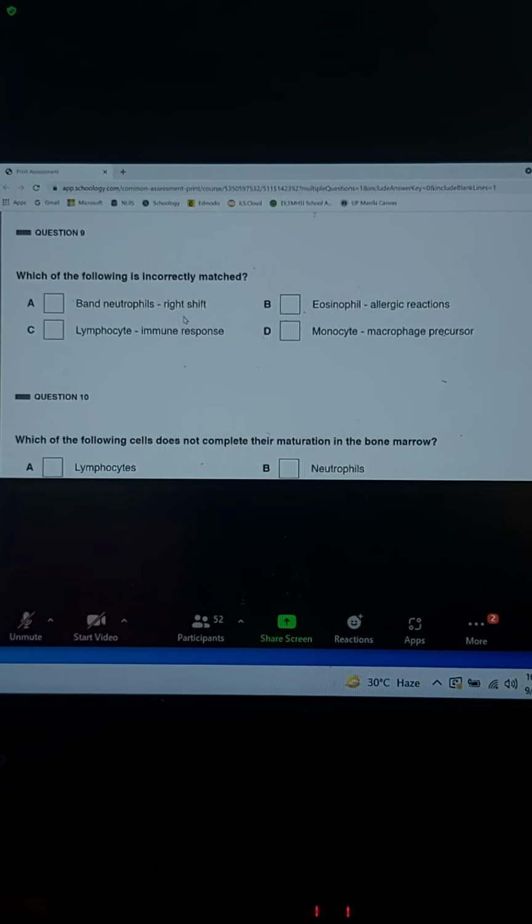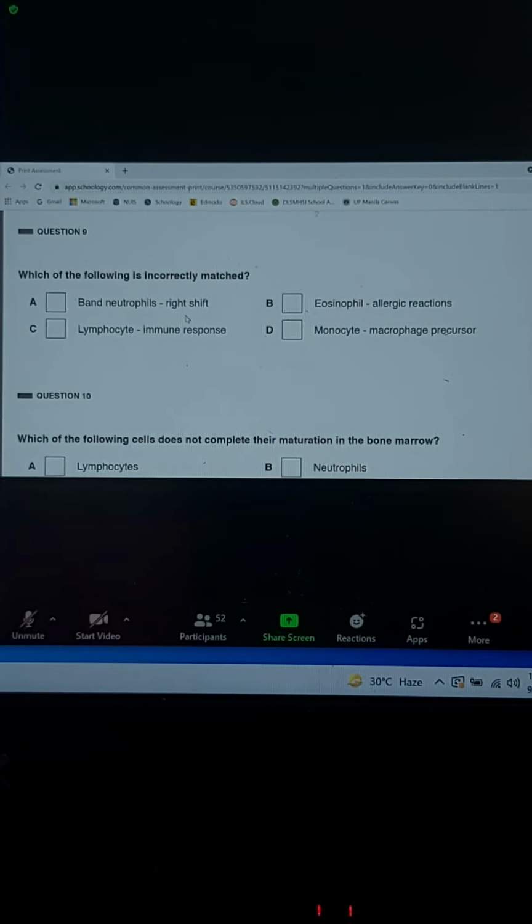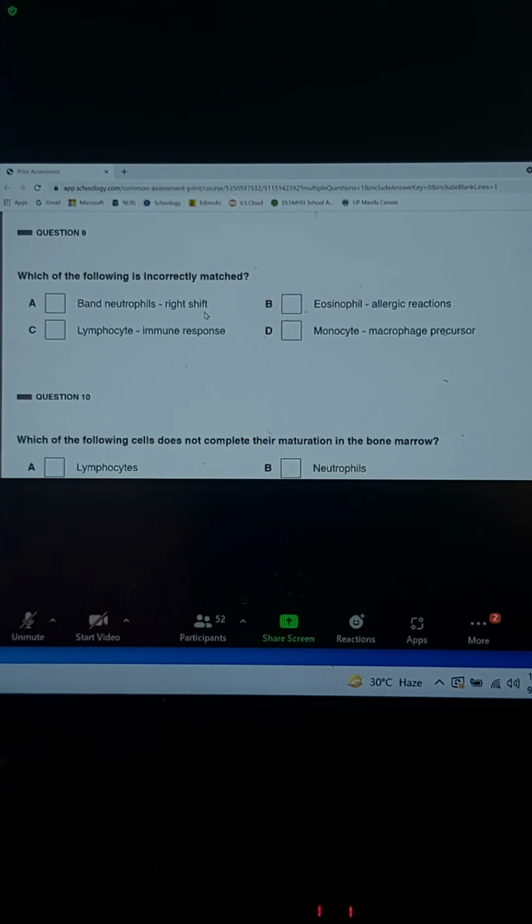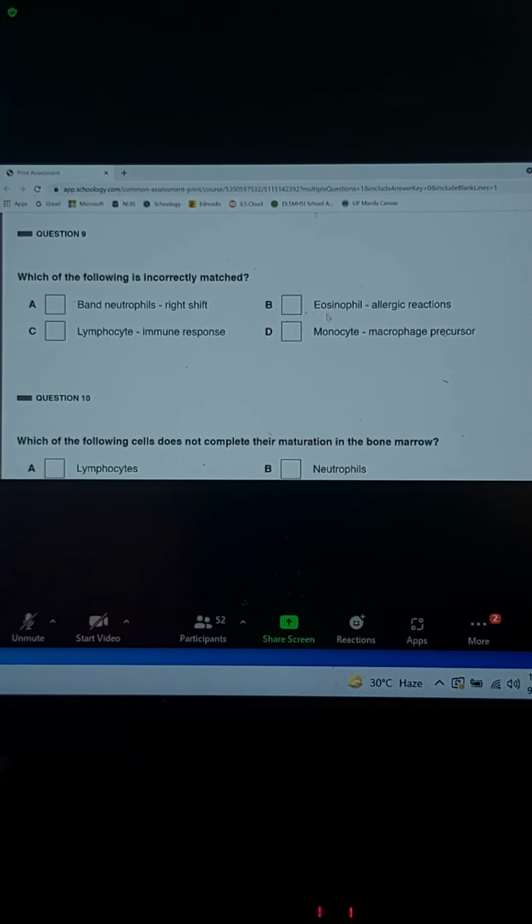Kasi sa maturation class, pag sinabi nating right shift, ibig sabihin, there is mas predominant ang mga mature forms over immature. So ang band neutrophil, it's an immature form, so dapat left shift siya. Okay? So band neutrophils, left shift dapat. B, C, and D, they are all correctly matched.